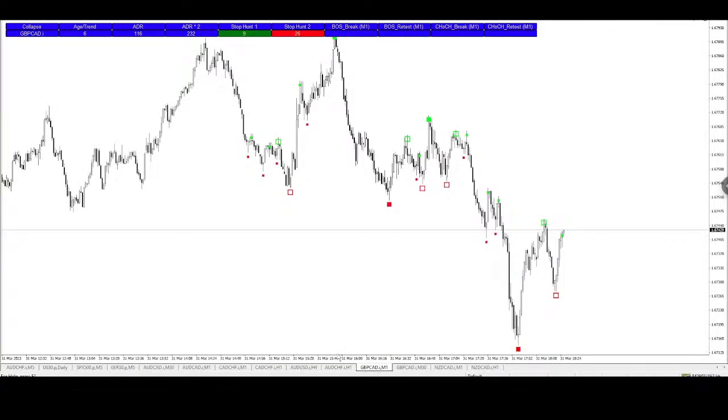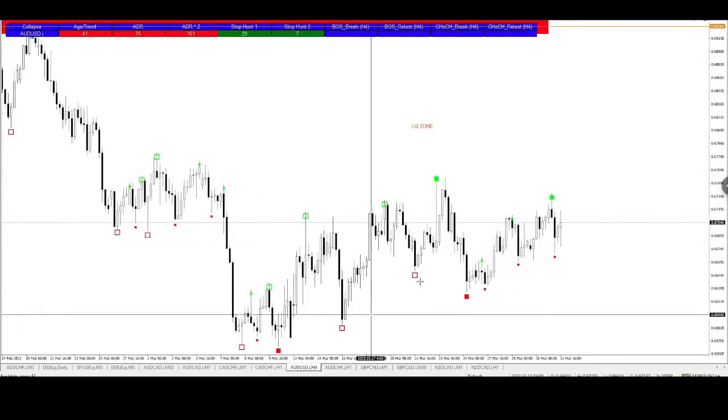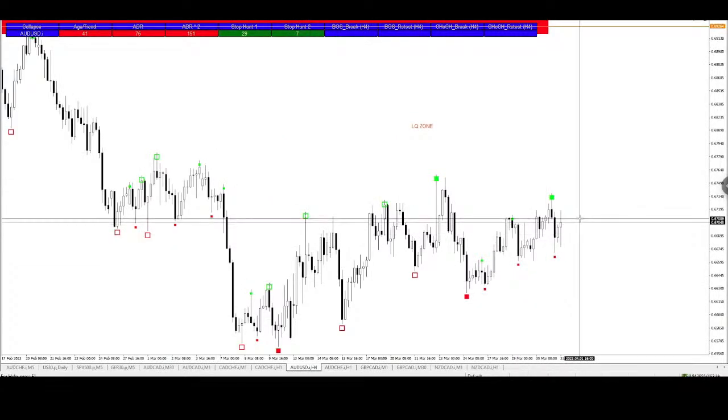Cool. Thanks. GBP CAD is about to break that 1 minute structure probably soon as well. 6767.